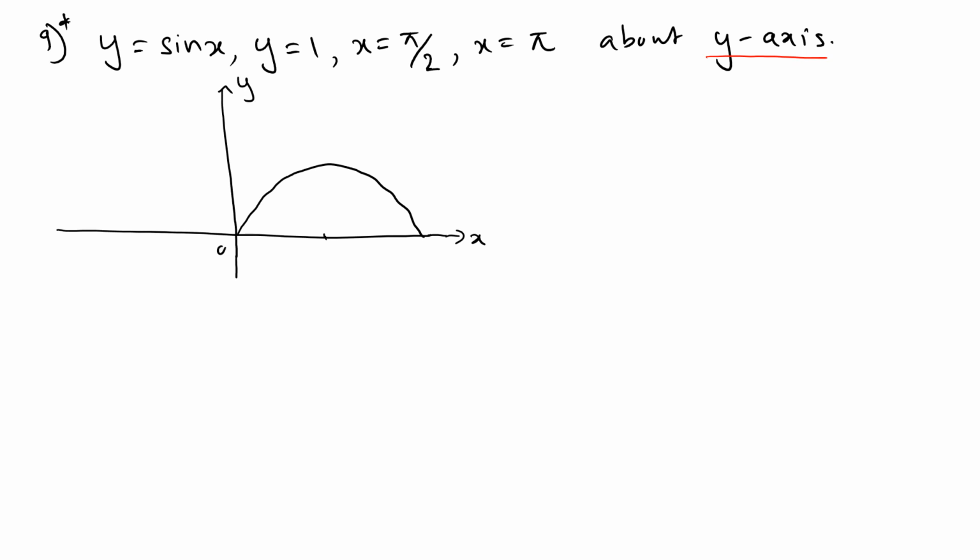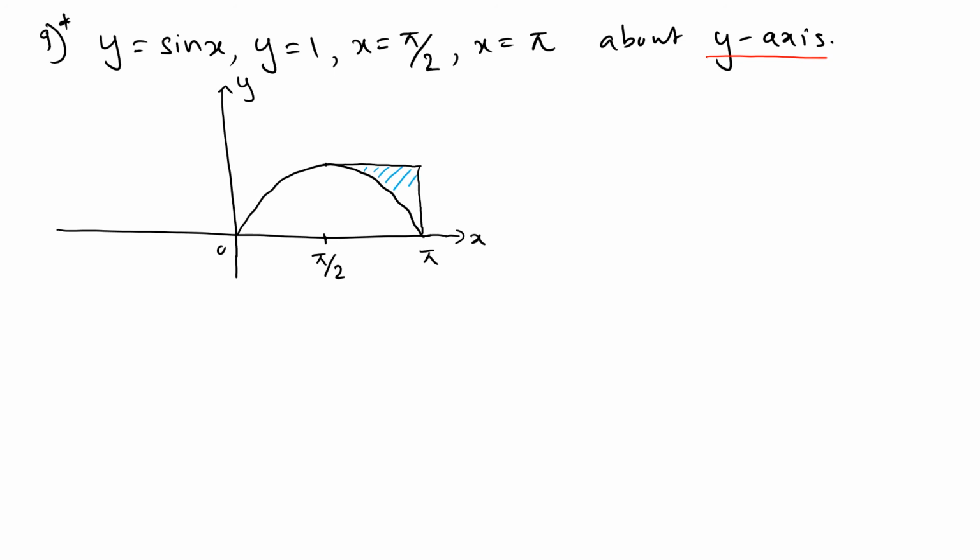This is pi over 2 and pi. You can see the region is bounded by the curve, y equals 1, and x equals pi. Okay, so that's the region they are talking about.